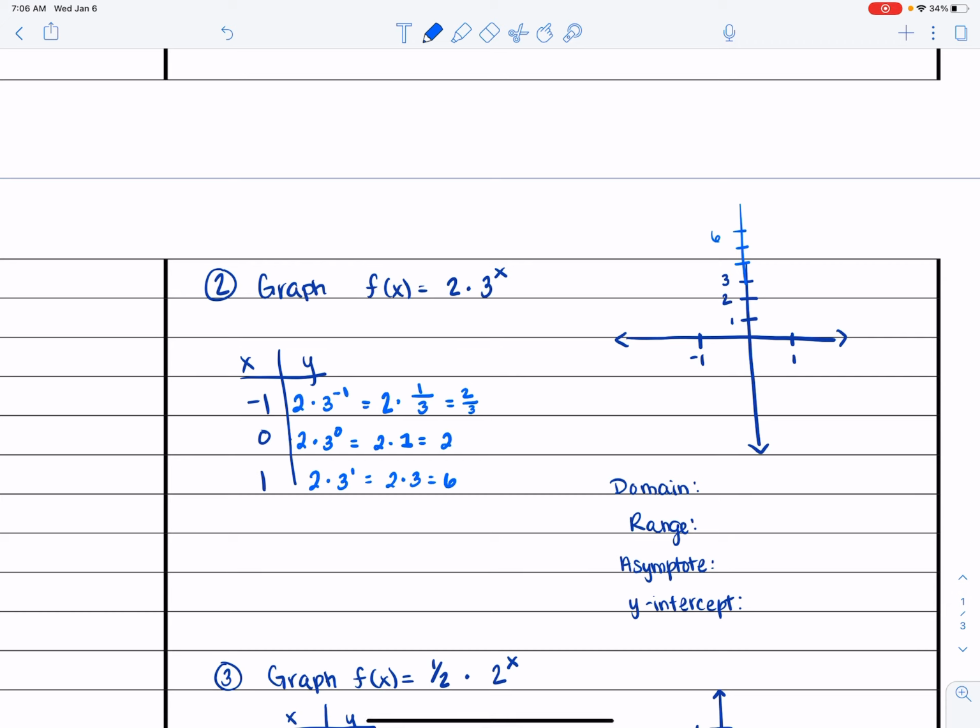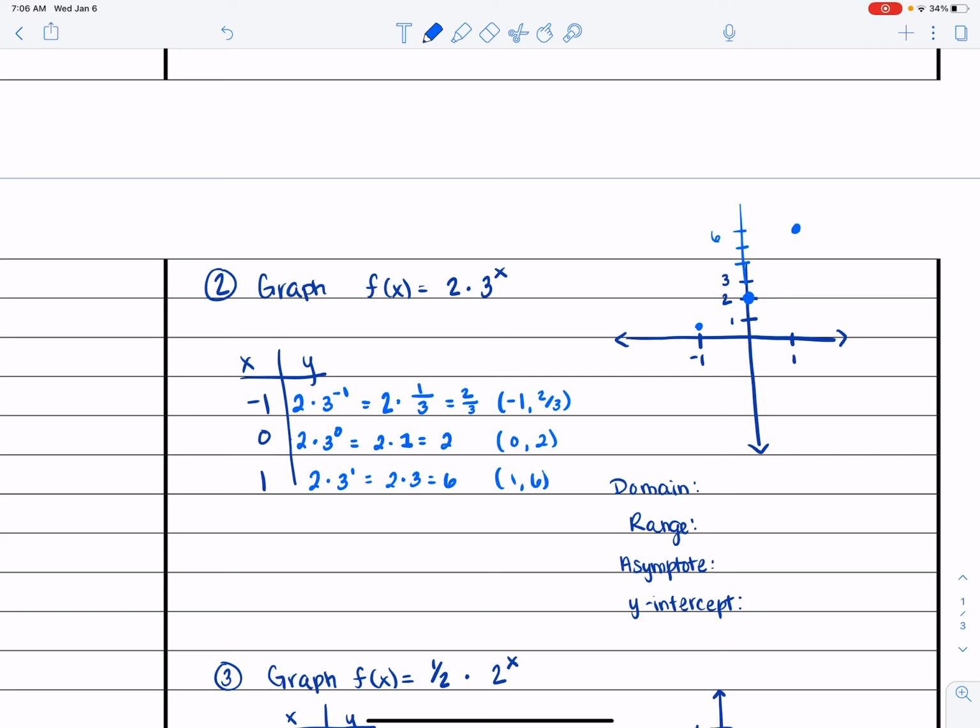So I have the ordered pairs (-1, 2/3), (0, 2), (1, 6). So let's plot those. So (-1, 2/3) is about here, (0, 2), and (1, 6). Your graphs are not going to be perfect today because you're sketching them by hand, so you just need to get them as close as you can, okay?